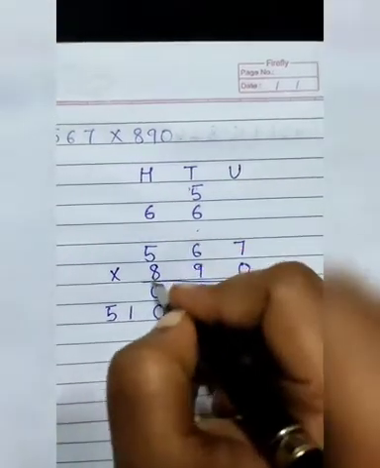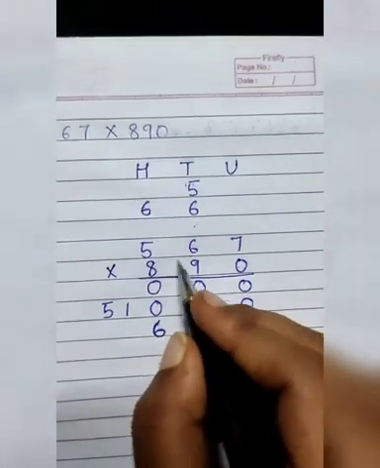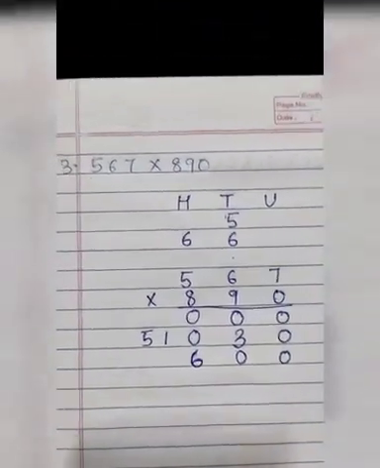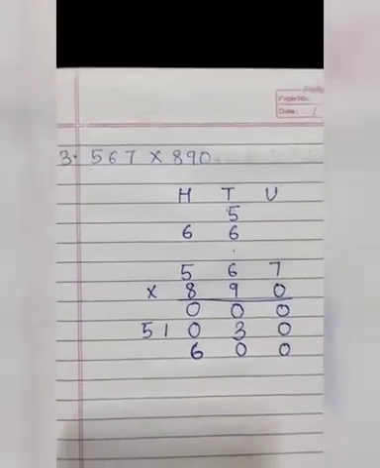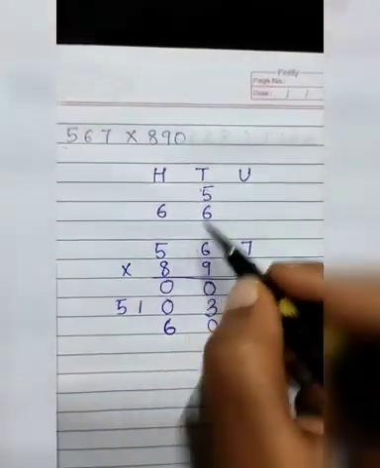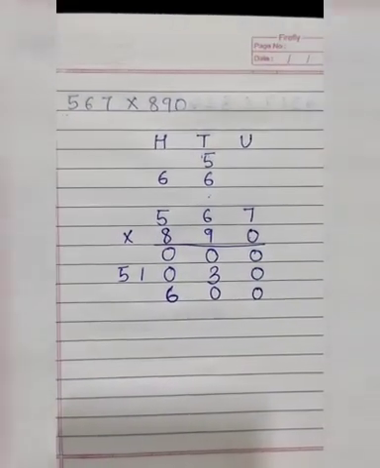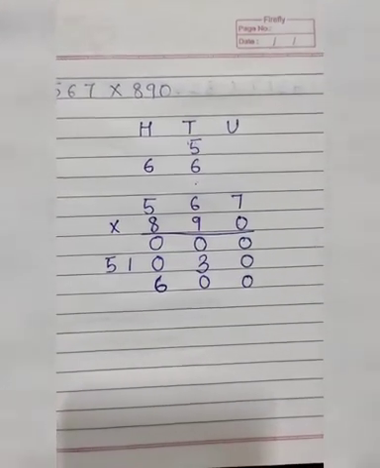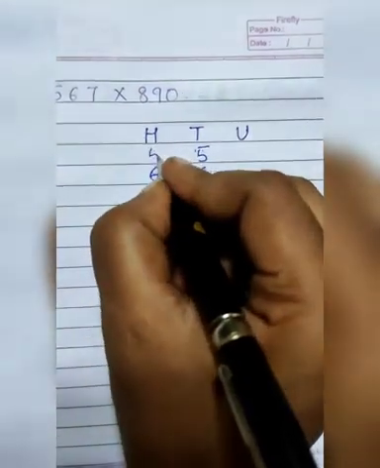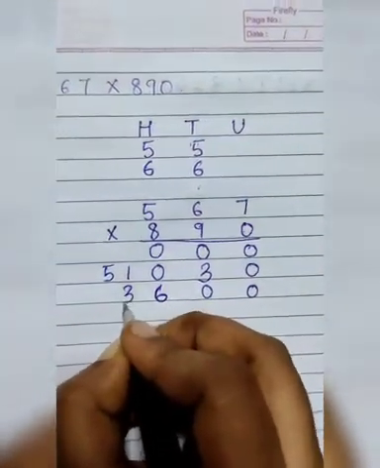As it is a third number, so we will carry on the third line. Now 8 sixes are how much? 48. 8 sixes are 48. So plus 5, it will be how much? 53. So 5 we are going to carry on the beside number and 3 we are going to write down.